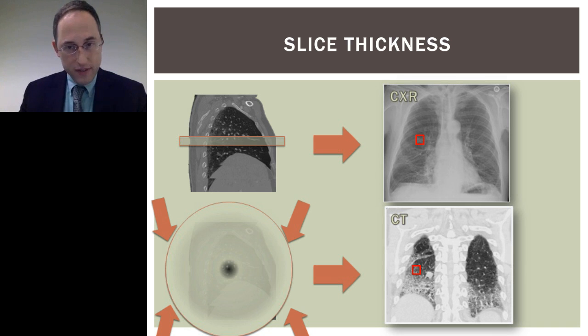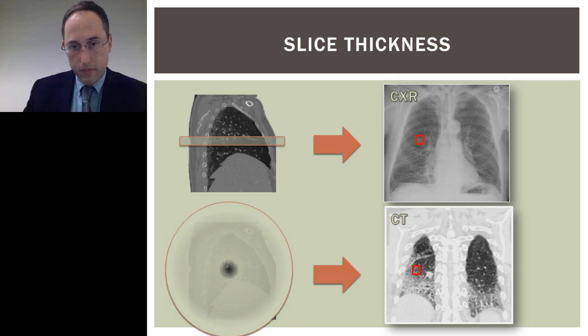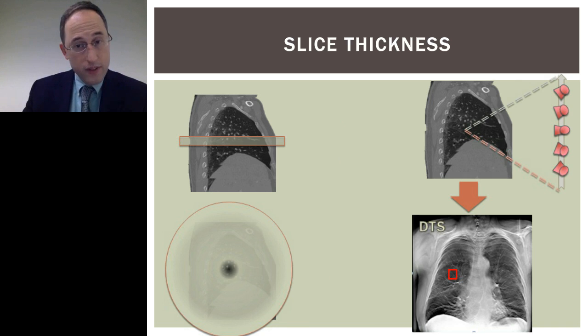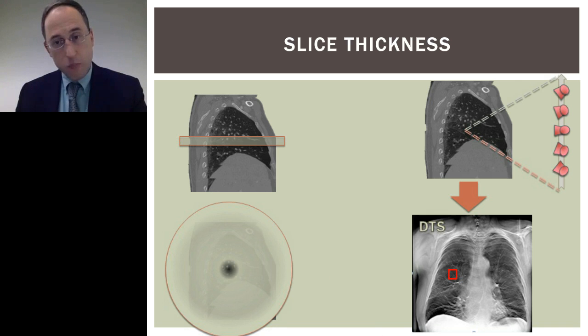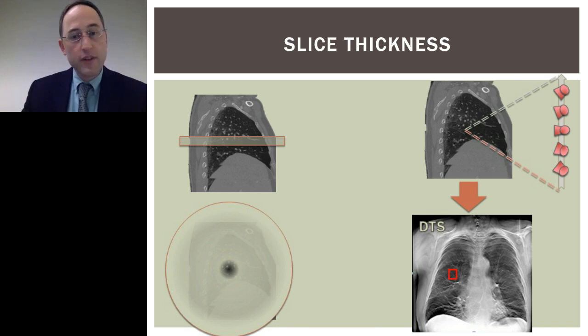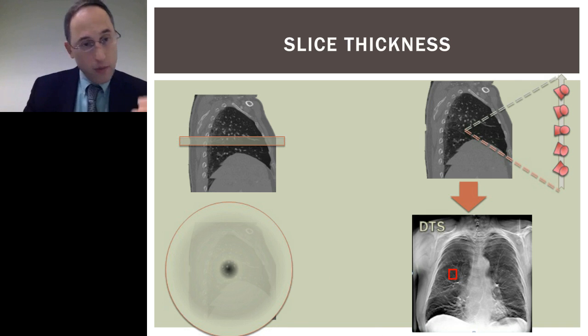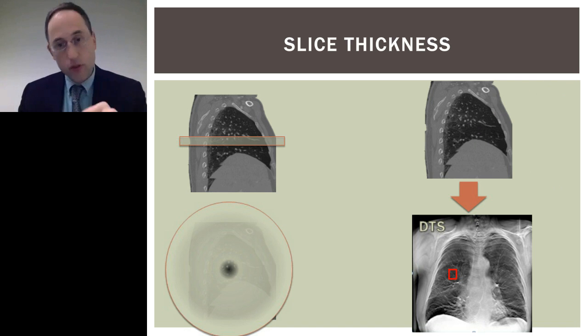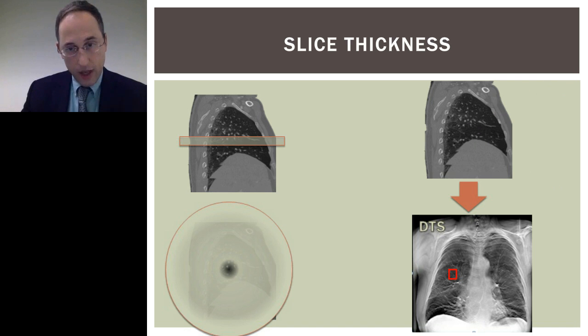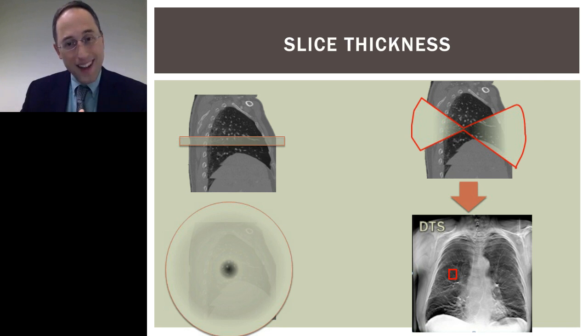Let's compare it to tomosynthesis. In tomosynthesis, remember we have a source that sweeps, takes multiple images, and that determines what the pixel value is. So I drew that gray box and I drew the circle for CT and radiography on the left. For tomosynthesis, you have an area that looks like this. Again, it's funny, it's kind of an intermediate between radiography and CT. It looks a little bit like a bow tie or something.